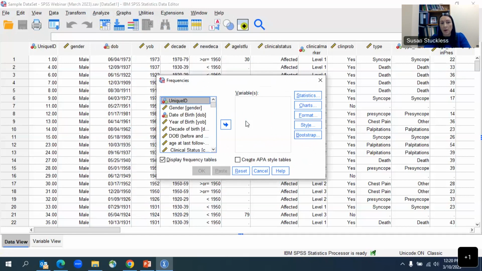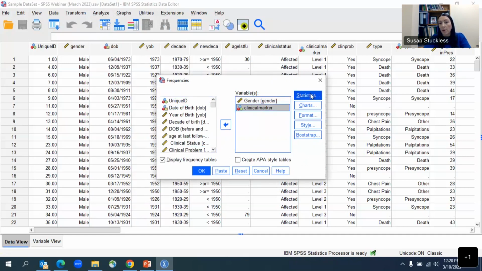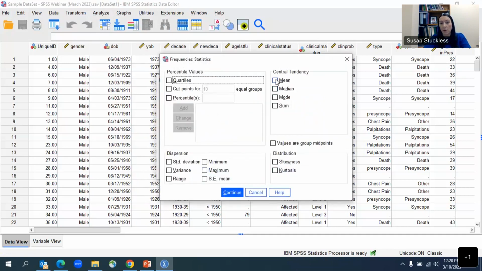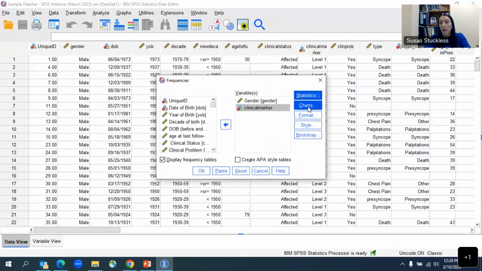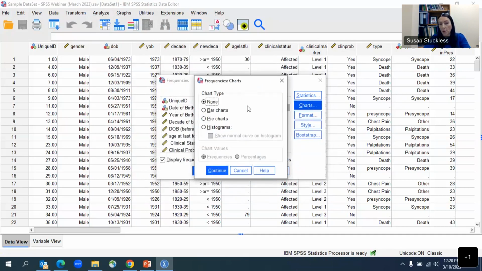Maybe I'll look at gender and the clinical marker, just picking two categorical ones for now. There are options within there. I could pick the mean, median, mode, min, max, range, skewness, kurtosis, but that doesn't really tell you much for categorical variables. But there are a couple of little charts that I could pick in here.